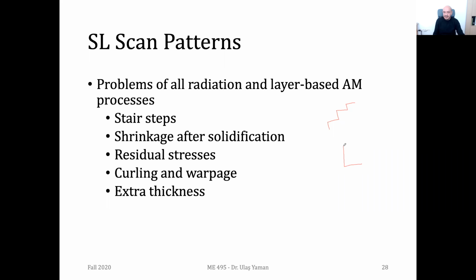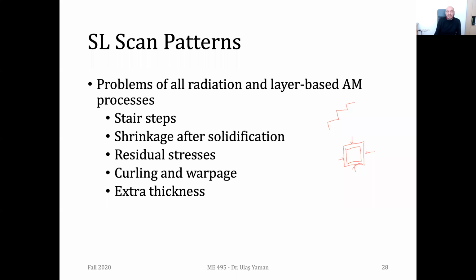Assume that this is the cross section, and they may shrink, and finally your parts might have such a shape. These edges will shrink after the post-curing operation. So this is another thing you do not want to have after the print is done. You need to be careful about the internal patterns, the material, the speed, and the laser power.